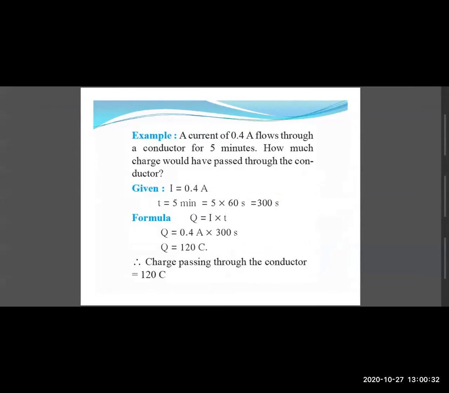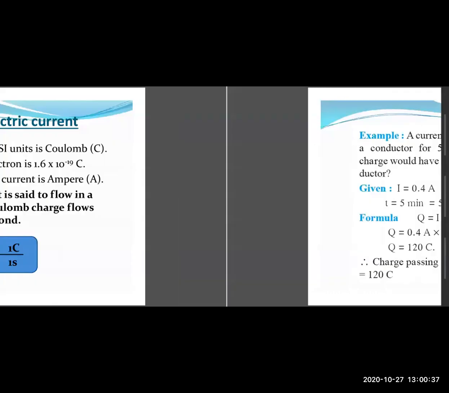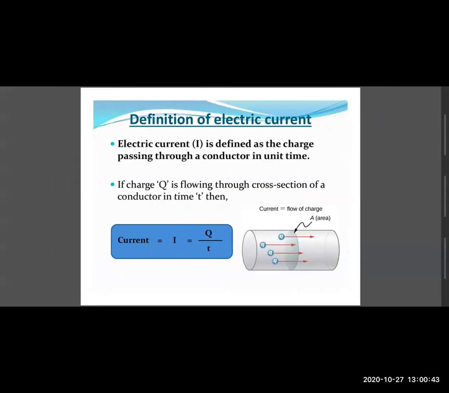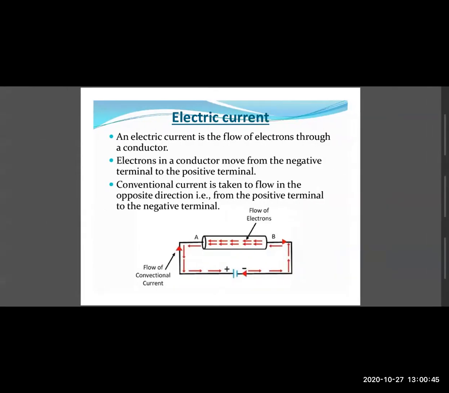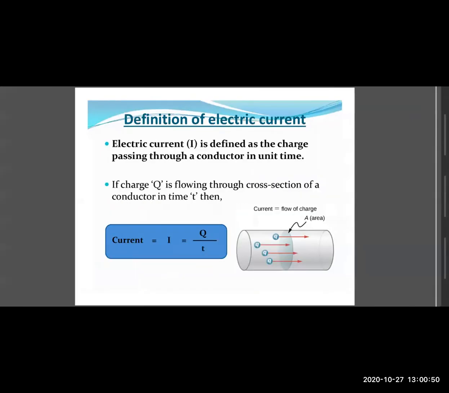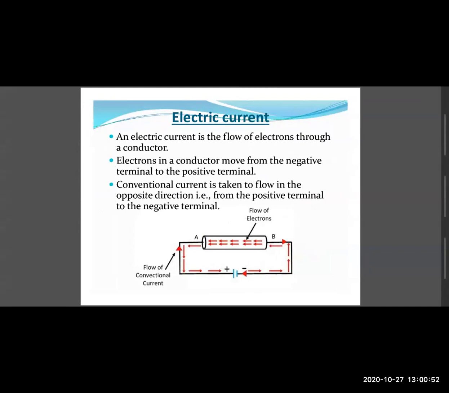For students, I would like you to prepare the different definitions. I want the students to prepare the definition for ampere, the definition for electric current I, then the value of charge of one electron. Then the direction in which the conventional current flows and the direction in which the electronic current flows.